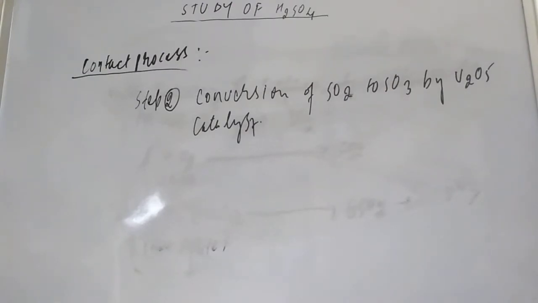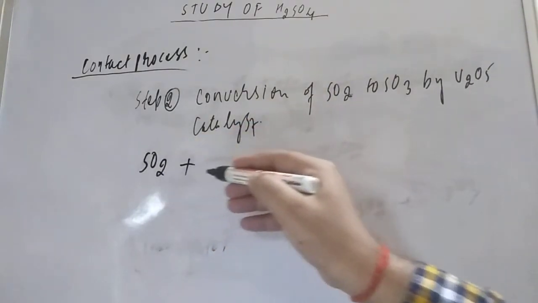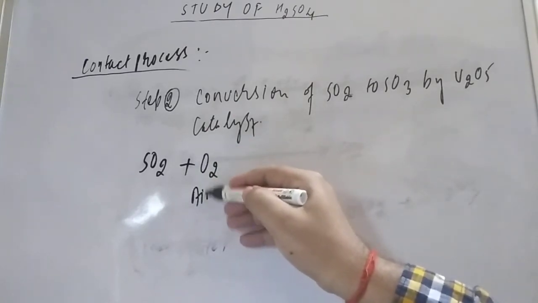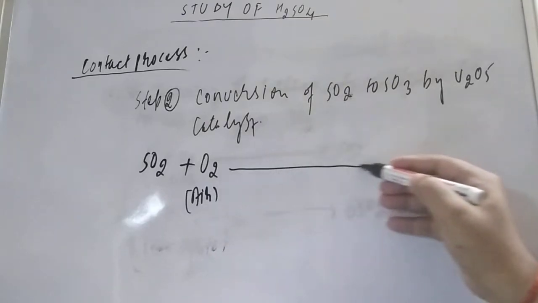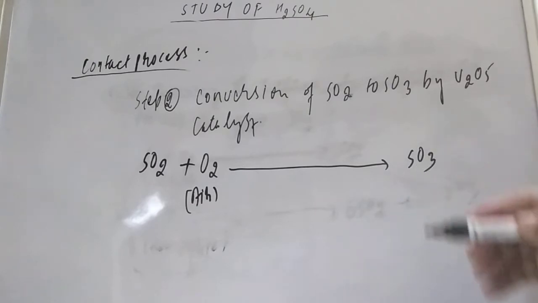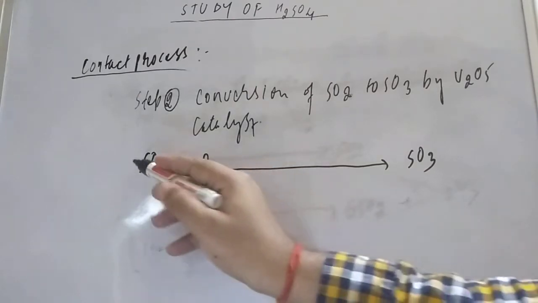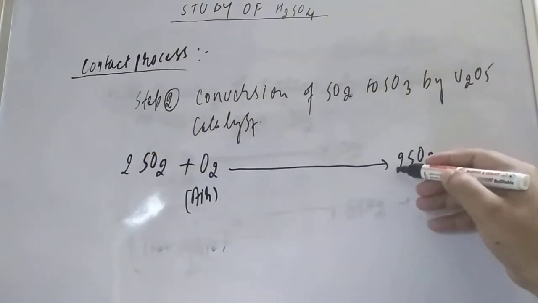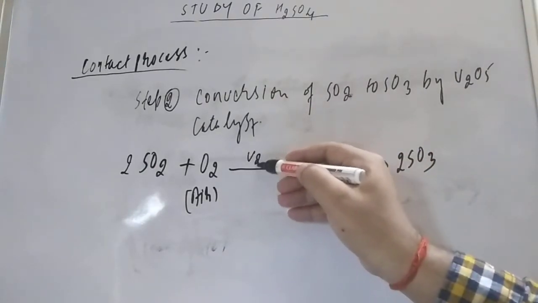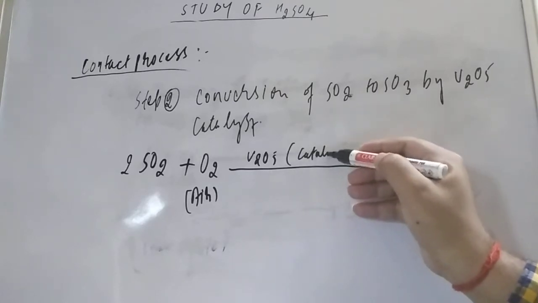So we write SO2 plus O2, the oxygen we are taking from the air, and this converts into SO3. To balance, oxygen is 2 on one side and 4 on the other, so multiply by 2 here and here, and the oxygen is balanced. The catalyst is V2O5, vanadium pentoxide.